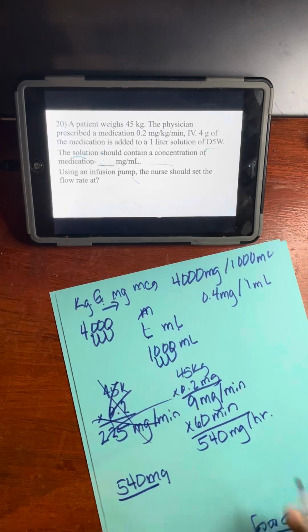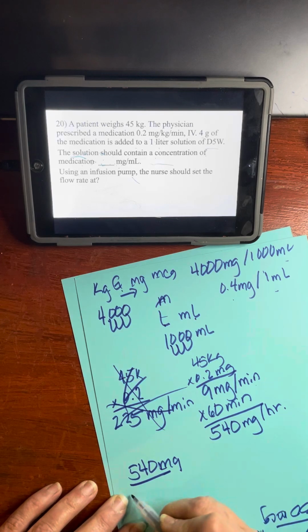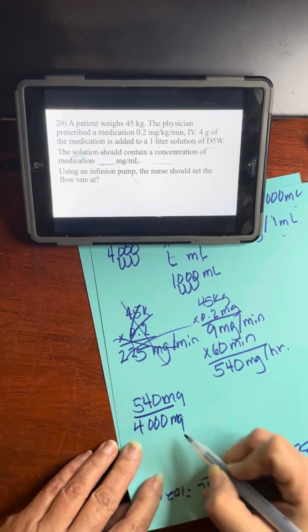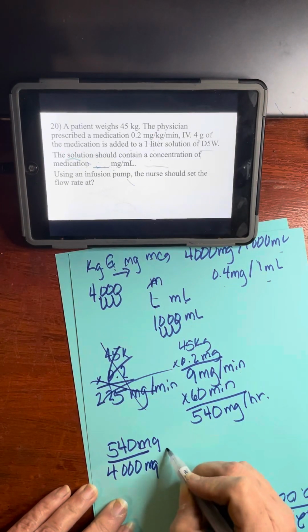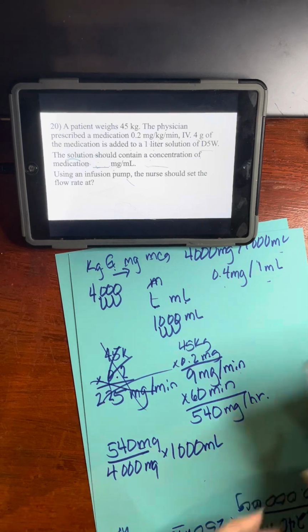What I have, you can use either one of those. I'm going to use the big one. What I have is 4,000 milligrams per 1,000 mLs. And we're doing the math.